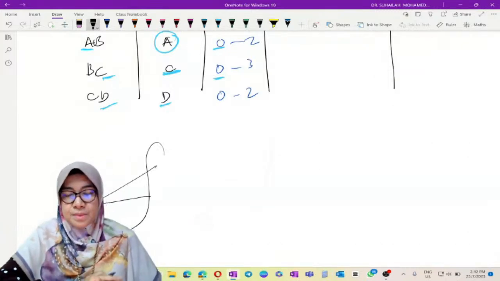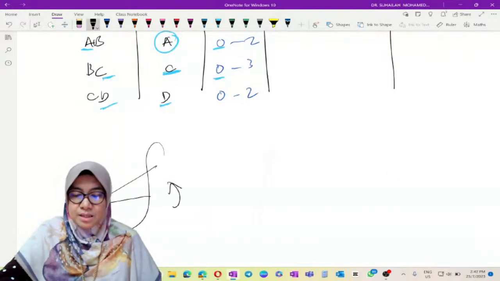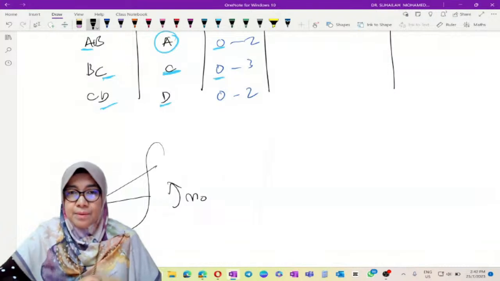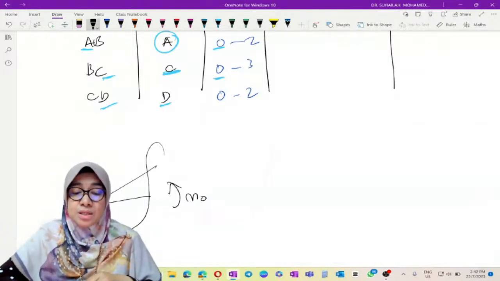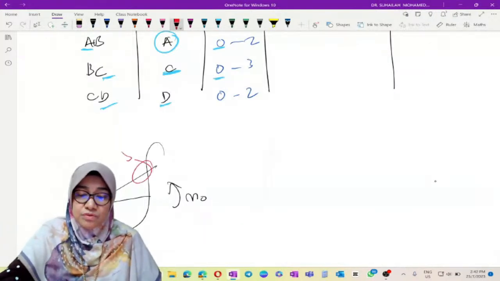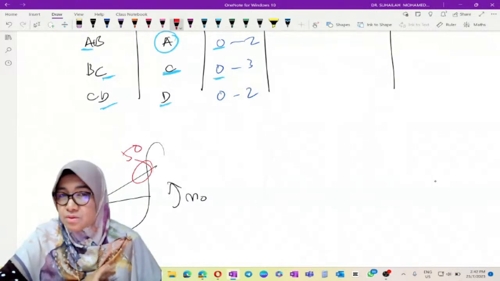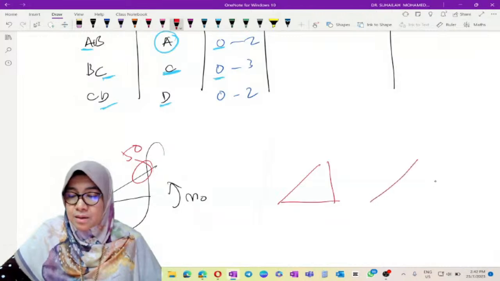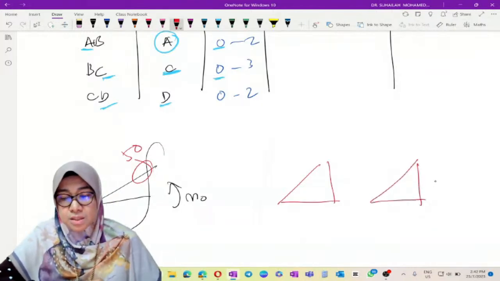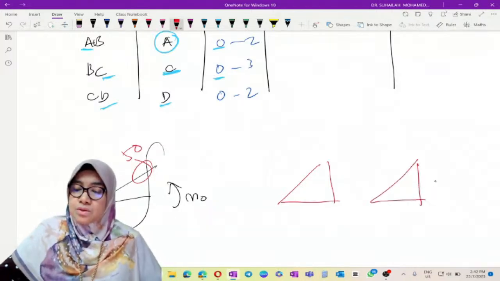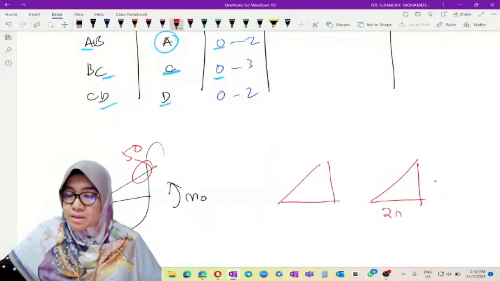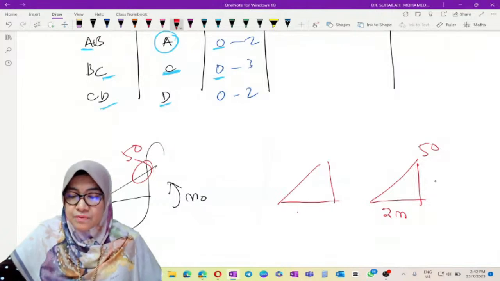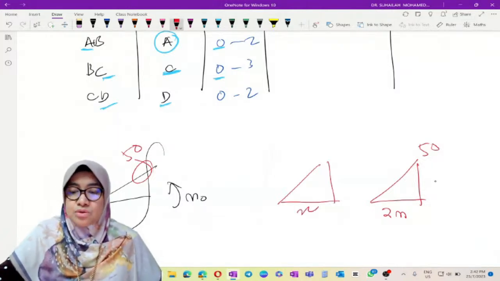250. The moment is like this. Please remember when we cut the section, the value here is not 50, because we have to compare this with the similar triangle. Here is 2 meter and 50. Now if it is x, what should be the value?